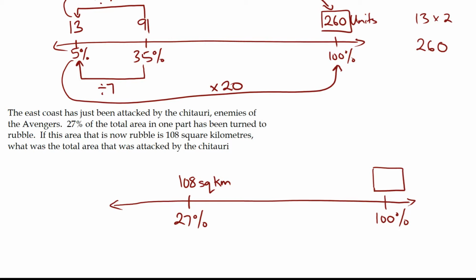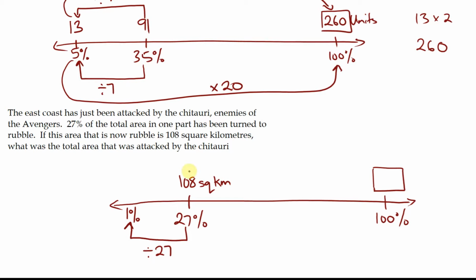Well, 27% is divisible by 3, it's also divisible by 9, but dividing 27 by 3 or 9 doesn't give me a percentage that I could multiply by to give 100%. So I'm just going to divide 27% by 27 to get 1%.